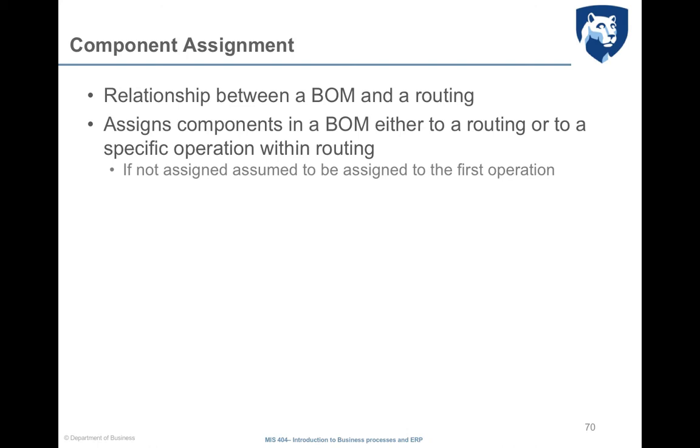The routing indicates how to produce a specific product, while the bill of material indicates which materials are used to manufacture that product. There is, of course, a relationship between bill of material and routing, and this relationship is defined via what we call component assignment, a technique that assigns components in the bill of material either to a routing or to a specific operation within a routing.